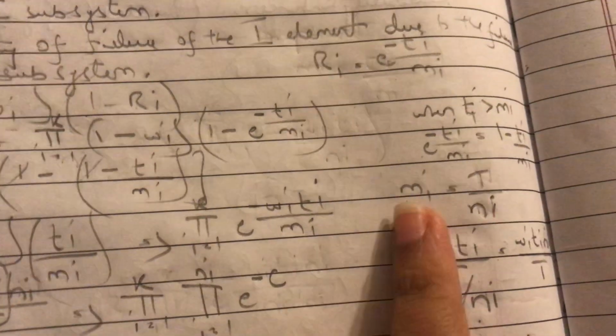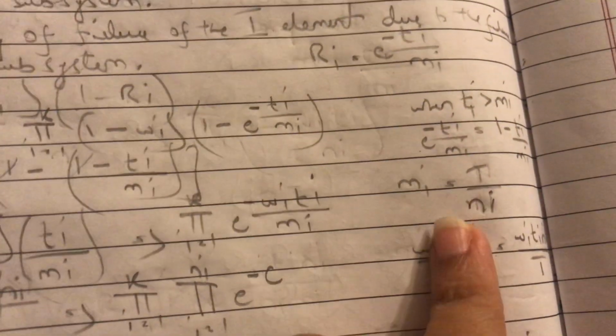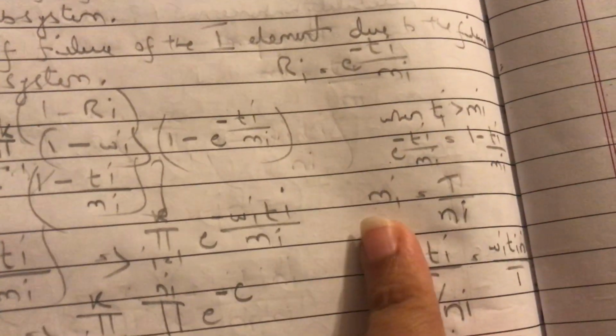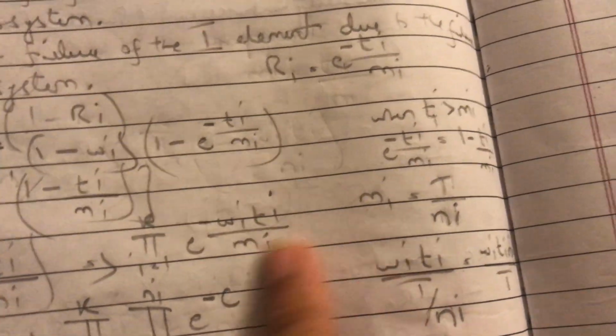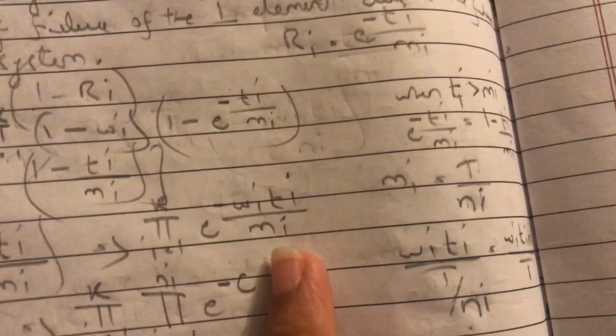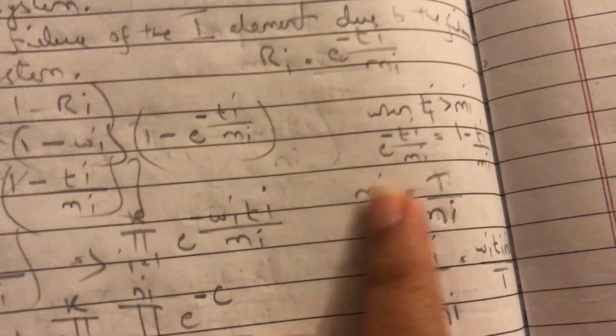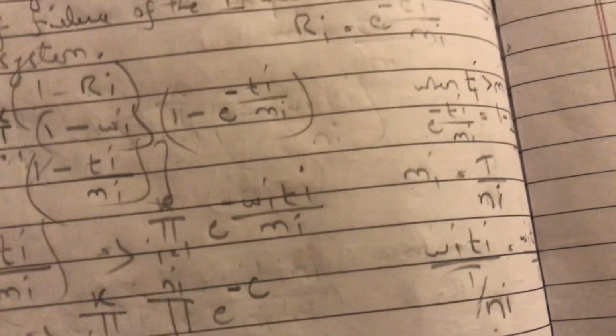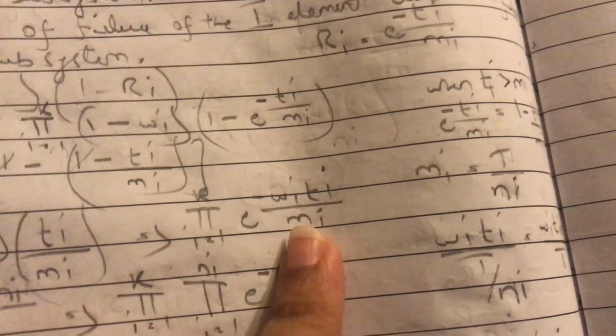Now what's the next thing that we are going to do? We are saying that our Mi is equal to T over Ni. So this is a formula. You remember this Mi is the mean life of the i-th component, the i-th subsystem. So Mi equals T over Ni. Let's replace this Mi into this.